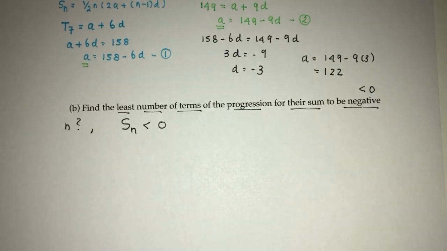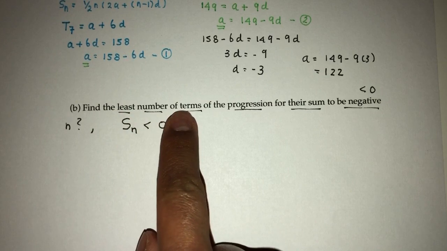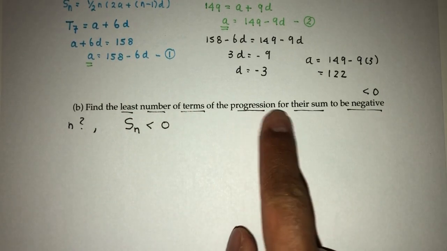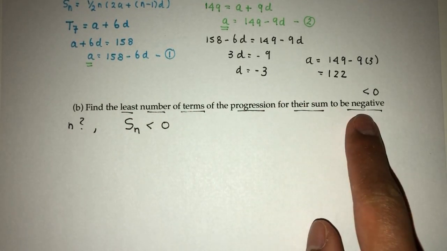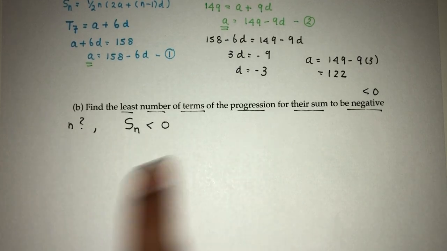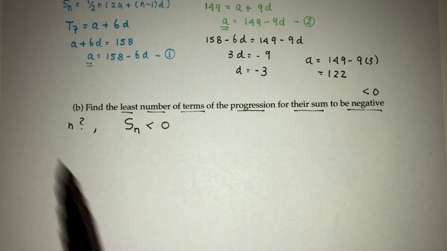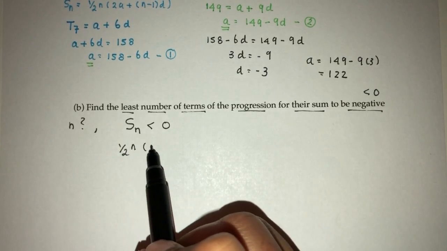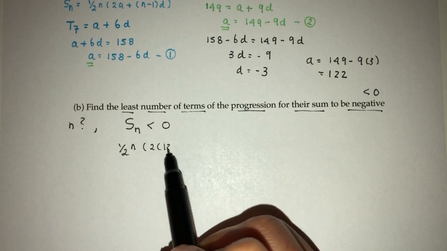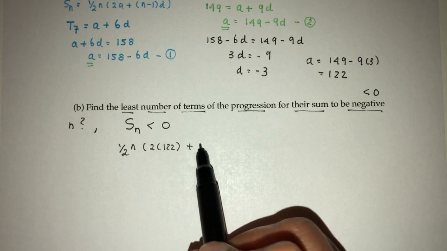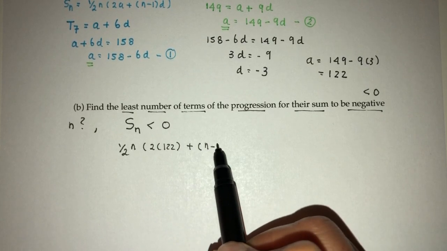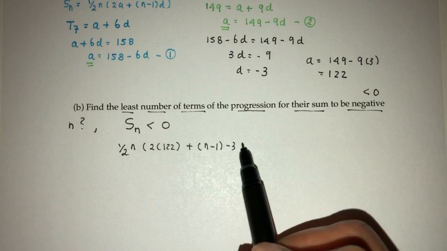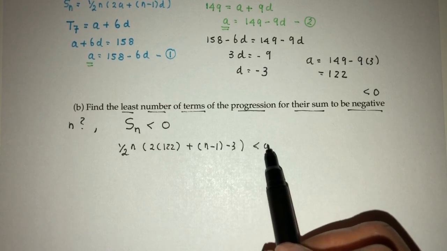The equation is half n, 2 times a, which is 122, plus n minus 1 times d, which is minus 3, in brackets, less than 0.